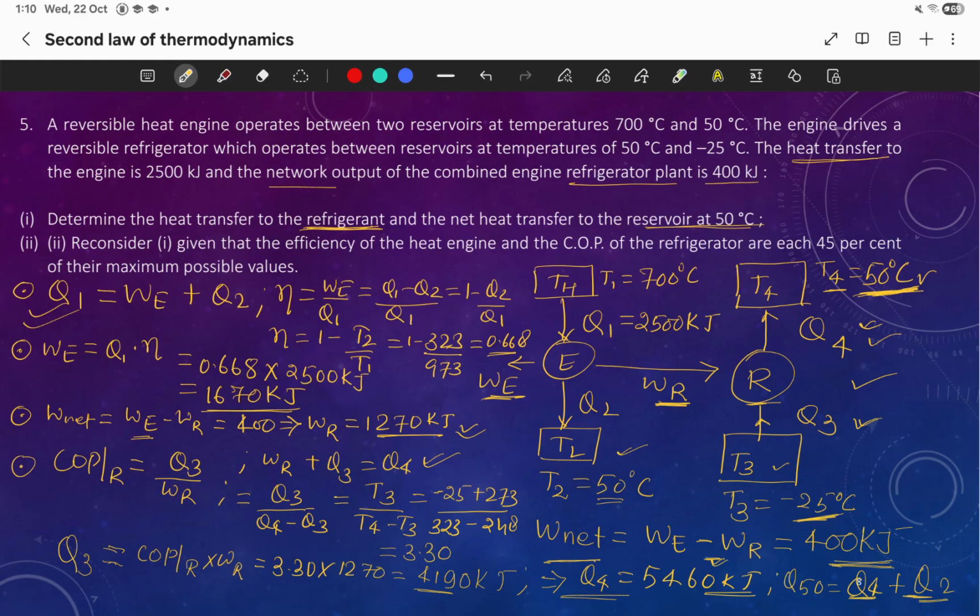Now part 2, what is it saying? Reconsider one, given that the efficiency of the heat engine and the COP of the refrigerator are each 45% of their maximum possible value. Okay, now I am just removing this.